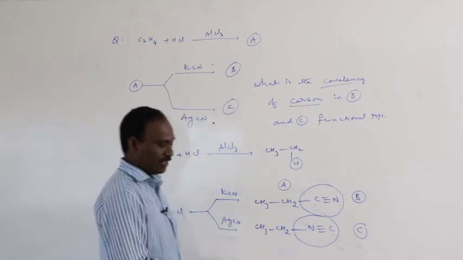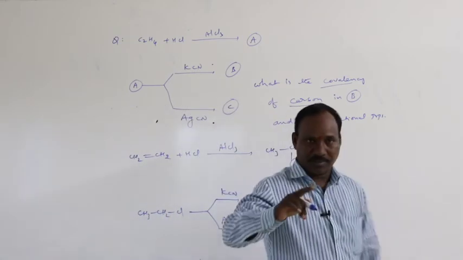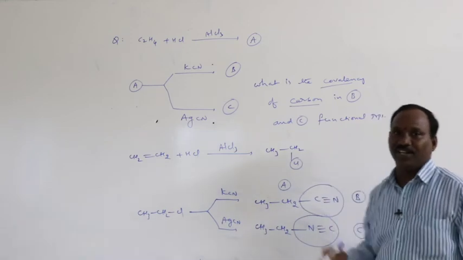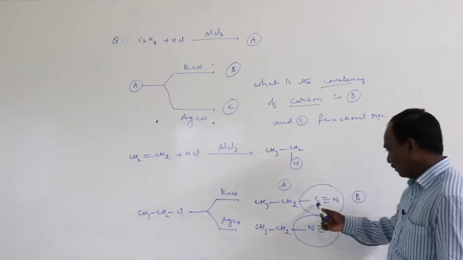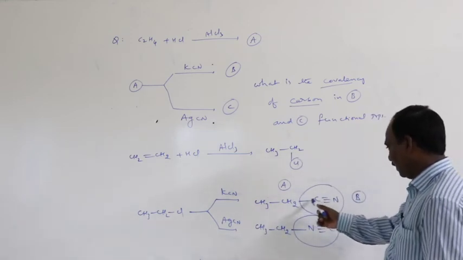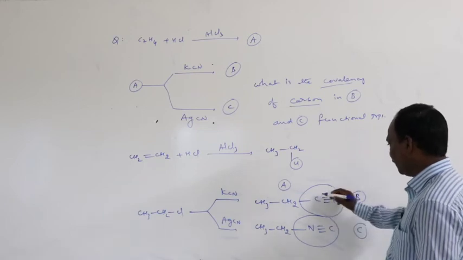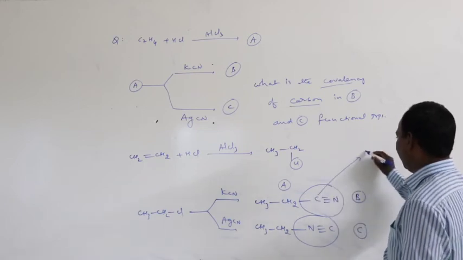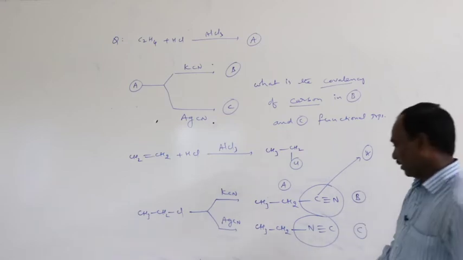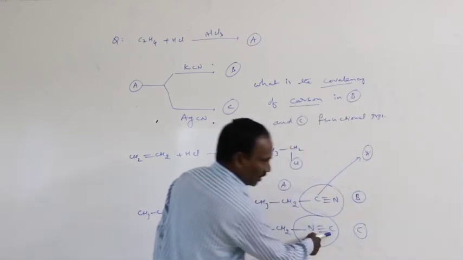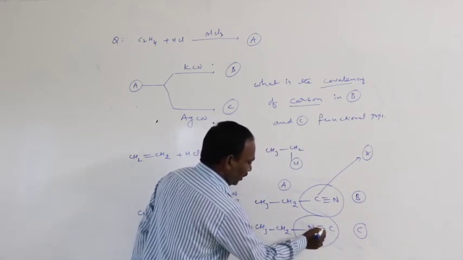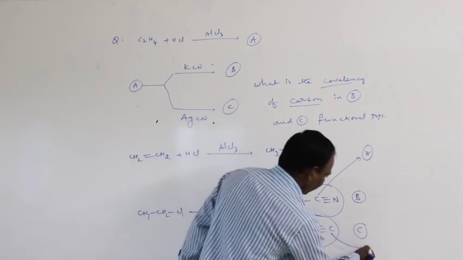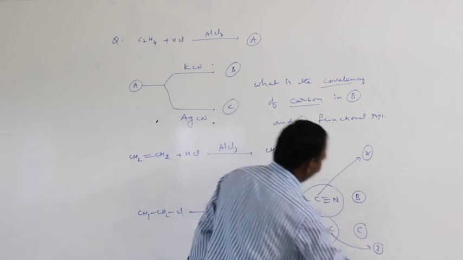What about the covalency? Covalency is nothing but the total number of bonds around the carbon. Total number of bonds around this carbon: 1, 2, 3, 4. So the covalency of this carbon is 4. What is the covalency of this carbon? Around this carbon only 1, 2, 3. Therefore here 3.